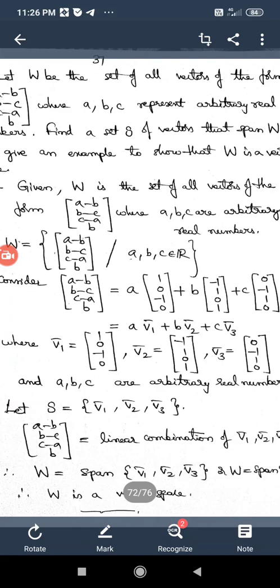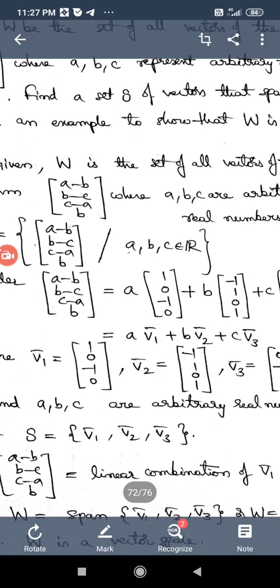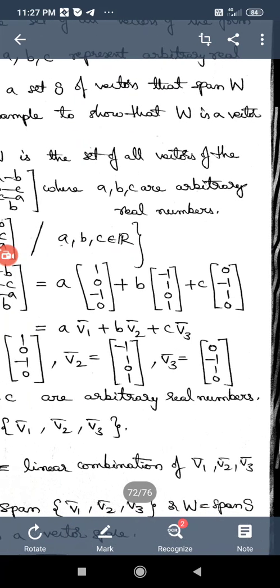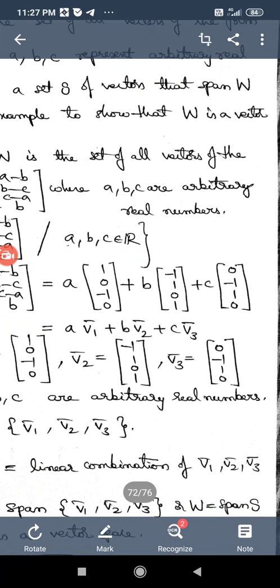Now whatever column vectors we are seeing beside the scalars A, B, C, I am naming them V1 bar, V2 bar and V3 bar. That means V1 bar is equal to (1, 0, minus 1, 0), V2 bar is equal to the vector beside B, that is (minus 1, 1, 0, 1), and V3 bar is the vector which is the multiple of C above, and that is (0, minus 1, 1, 0).